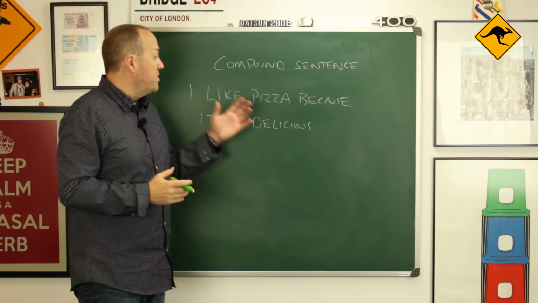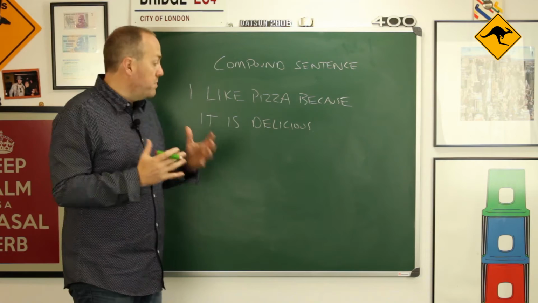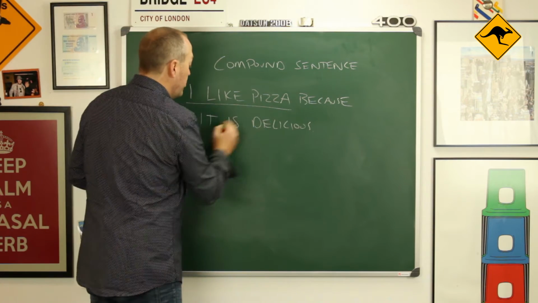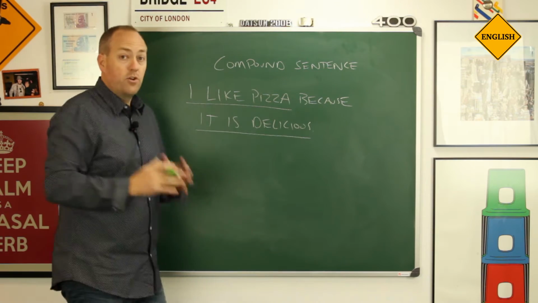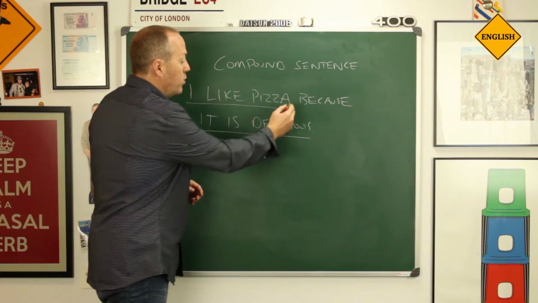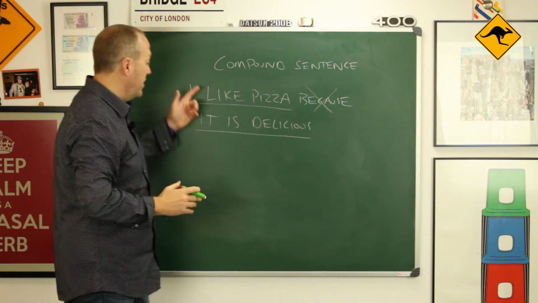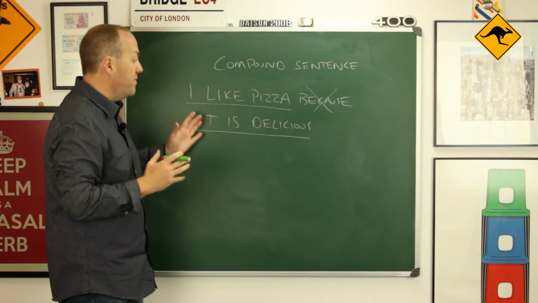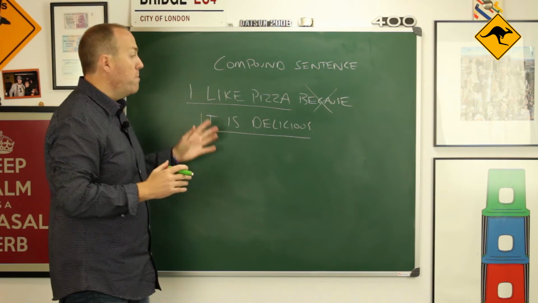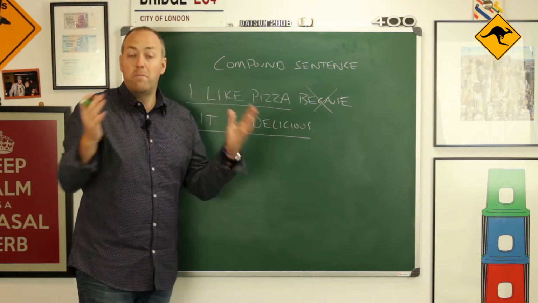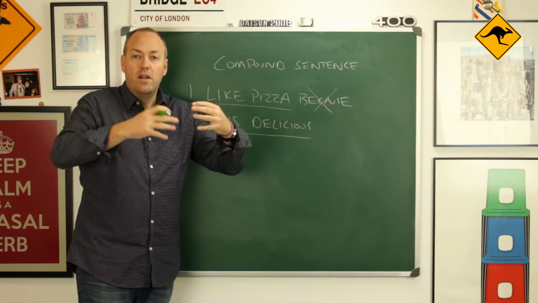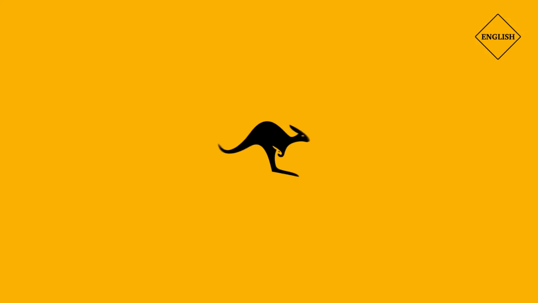So we can see this is a compound sentence because here we have 2 clauses that could exist independently. We could put a full stop and eliminate the because, and this would be perfect. I like pizza, it is delicious. So a compound sentence really is the most basic type of long sentence in English.